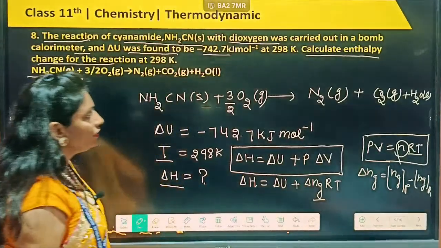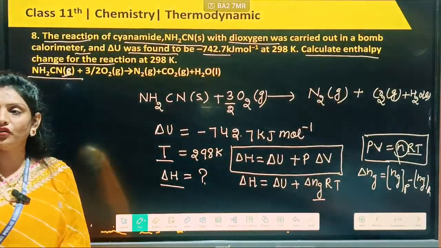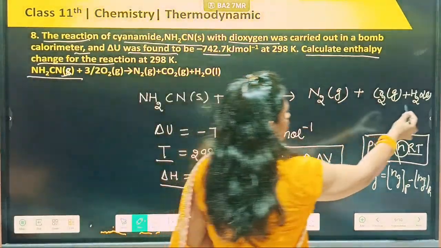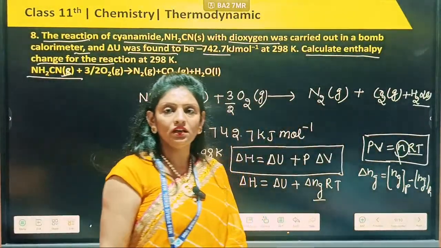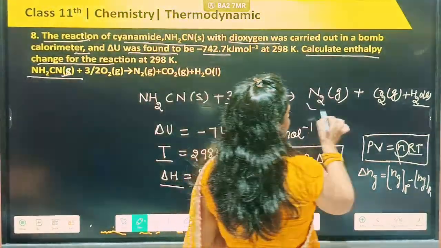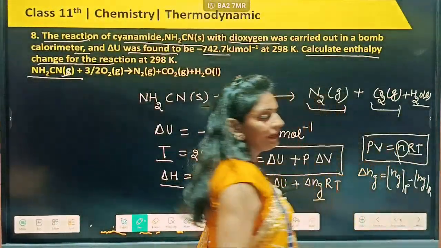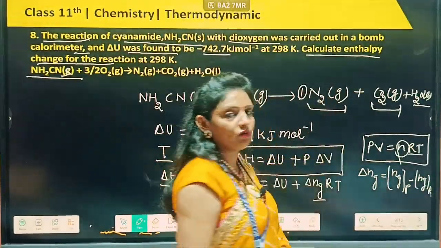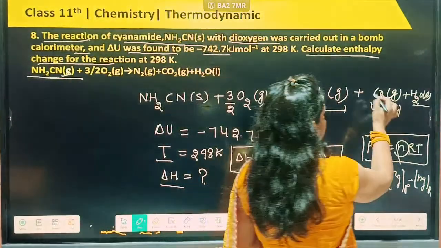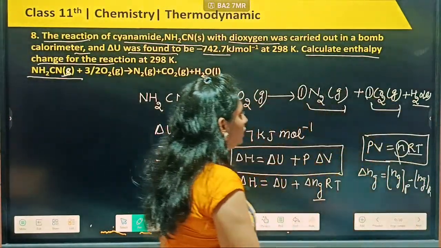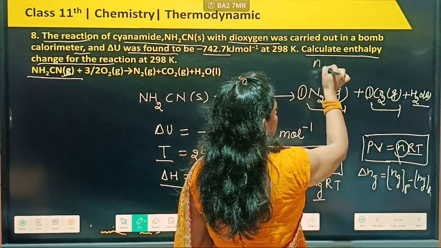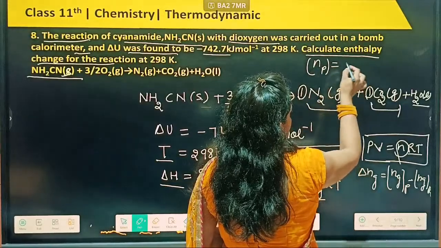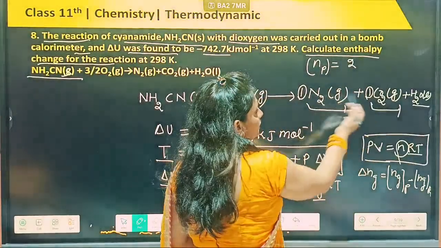Clear? Then student, you will see the number of moles of the gaseous substances only. So here you can see this is in liquid state. So two molecules are in gaseous state. One is N2. So how many moles of N2? 1. And how many moles of CO2? 1. So total number of moles of product in gaseous form is 2. 1 plus 1, 2.